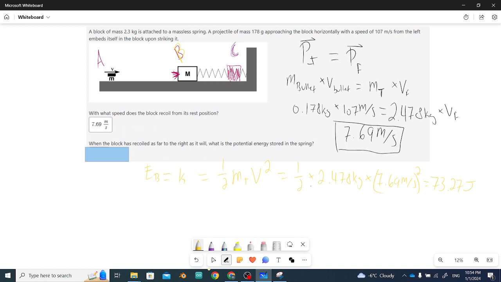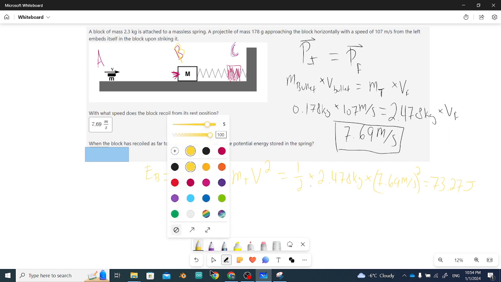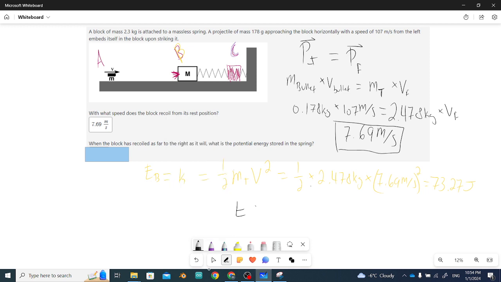And since we can use the conservation of energy theorem, energy initial is equal to energy final, this allows us to say that energy at B is equal to energy at C, which means that all the kinetic energy at B is going to be transferred into the potential energy of the spring.